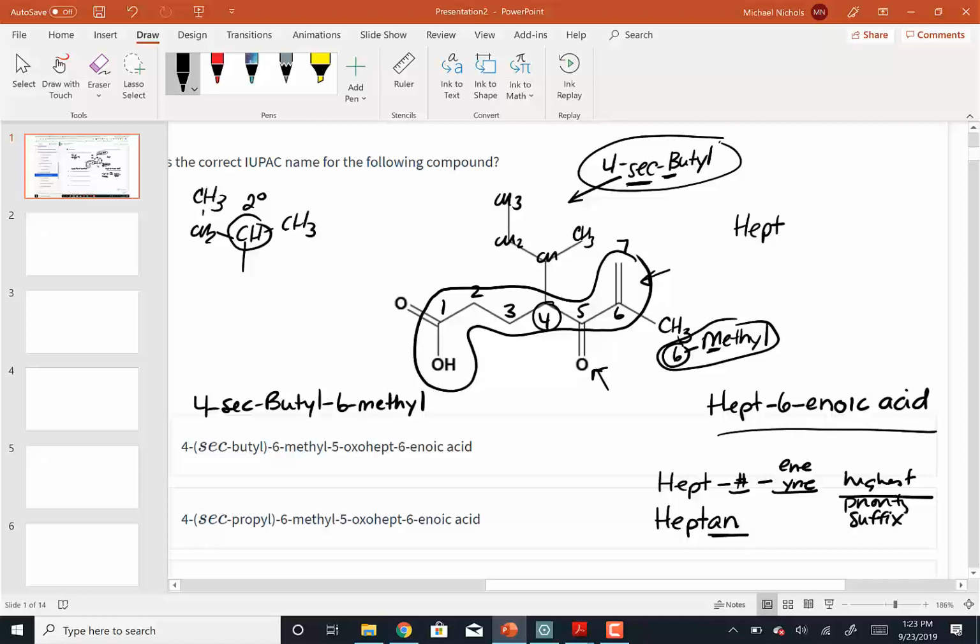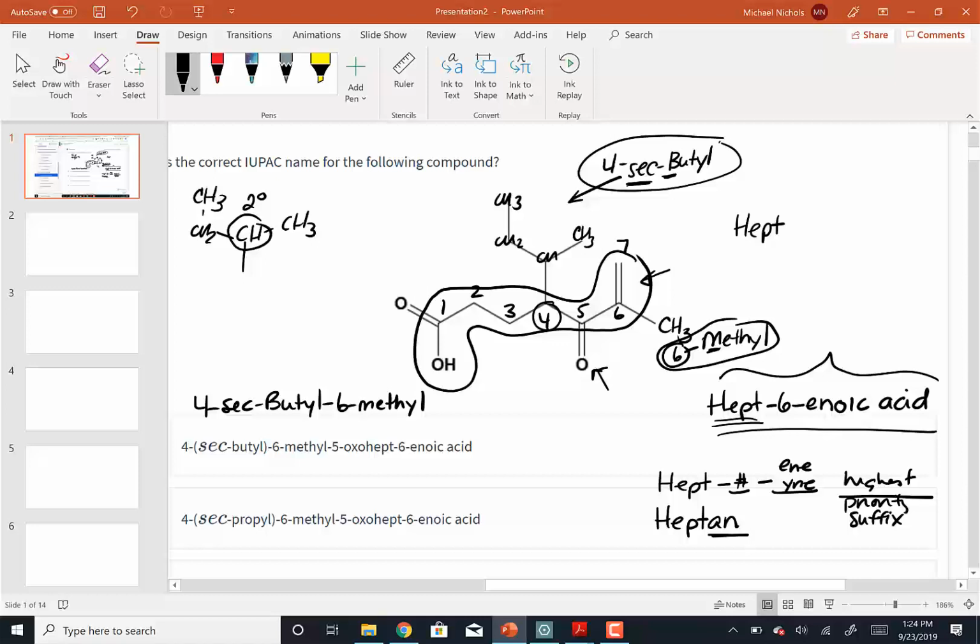But really, only 2 things are going to fit. Once you start putting together the longest chain, there's only going to be 2 things that go in that name: whether it's an alkane, alkene, or alkyne, and what the final highest substituent is.